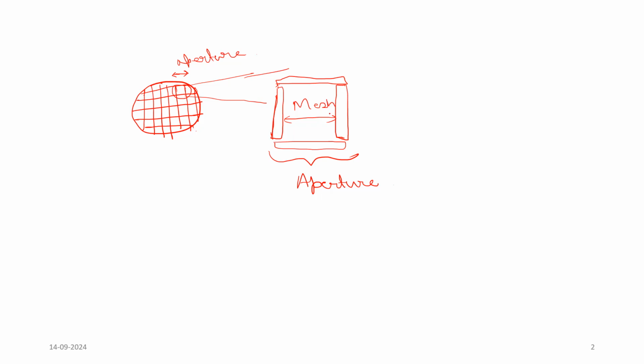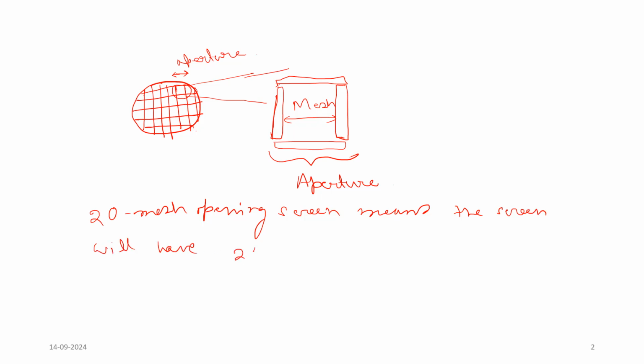So if somebody says a 20 mesh opening screen, it means the screen will have 20 openings per inch. So this is the basic definition of mesh and aperture.